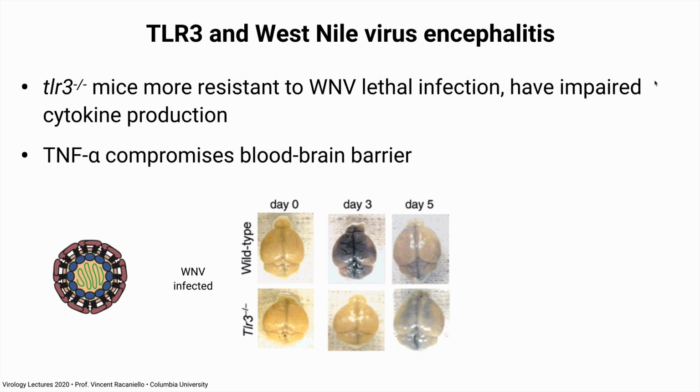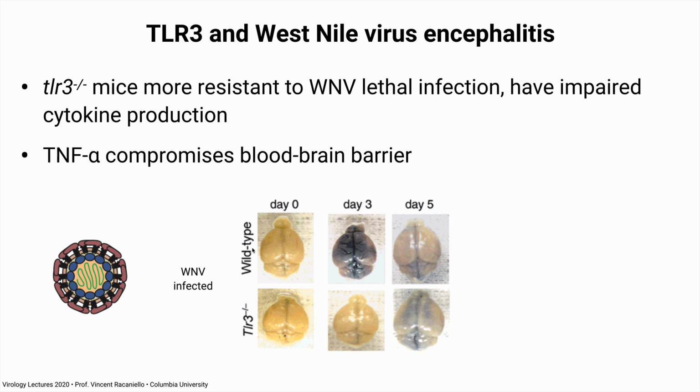Another example of immunopathology. And here is an infection in mice to illustrate this. So we're looking at the brain of mice. It's been removed from the infected mice, and these were wild-type mice infected with West Nile virus.